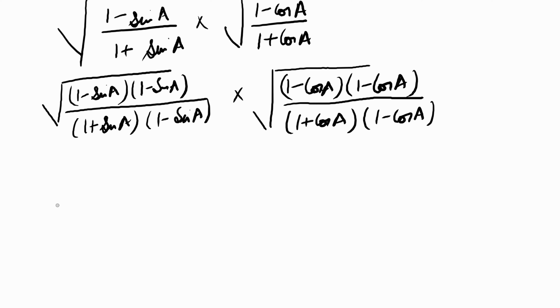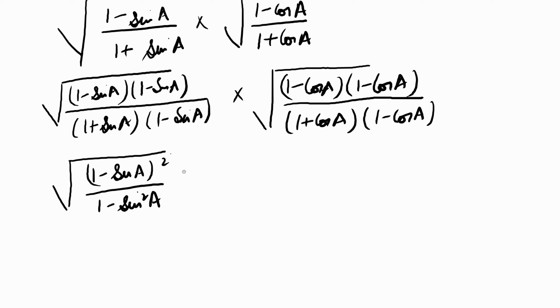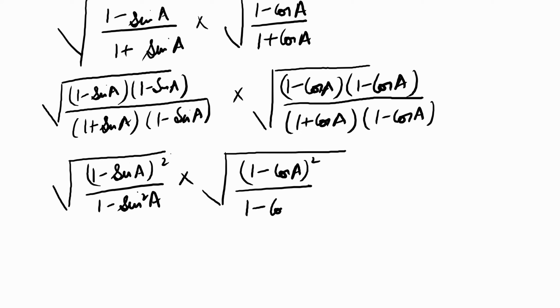Okay, so this will become something like this: 1 minus sin A whole square upon 1 minus sin square A, multiplied by 1 minus cos A whole square upon 1 minus cos square A. Now we will be using sin square A plus cos square A is equal to 1.